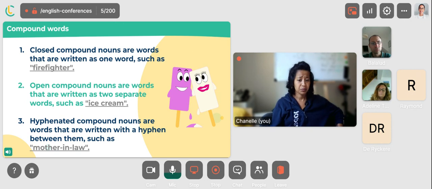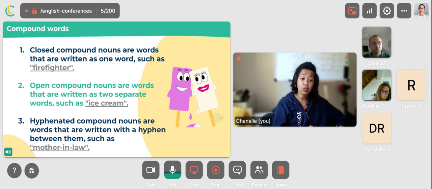Number 2, open compound nouns are words that are written as 2 separate words, such as ice cream, les glaces, ice cream.